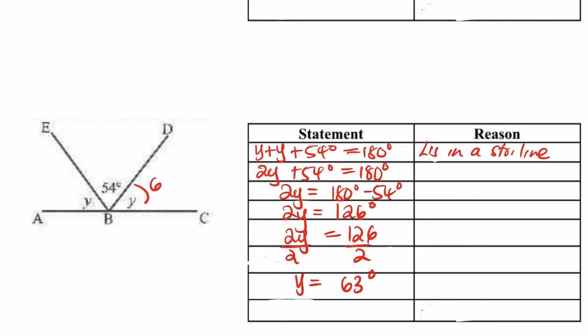So this angle is 63 degrees and this angle is 63. So when you add them, 63 plus 63 degrees plus 54 degrees, they equal 180.